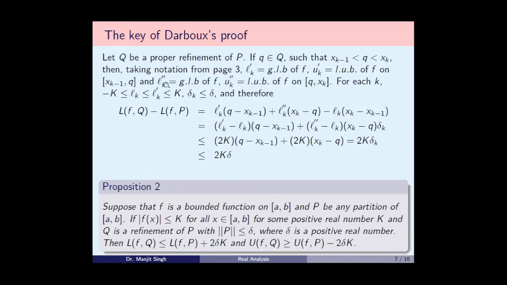We will prove this result for the lower sum only, and it will follow similarly for the upper sum. So we take Q to be a partition refinement of P, and we take a point q in the subinterval [x_{k-1}, x_k] for the non-trivial case.